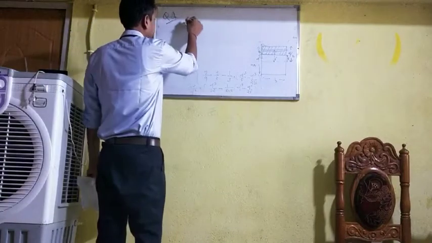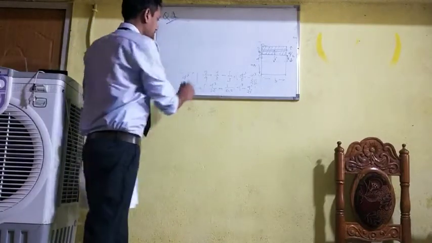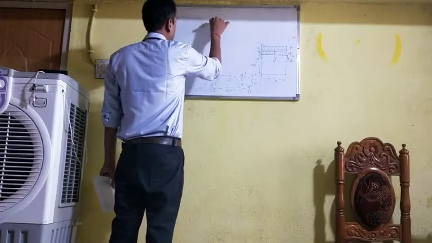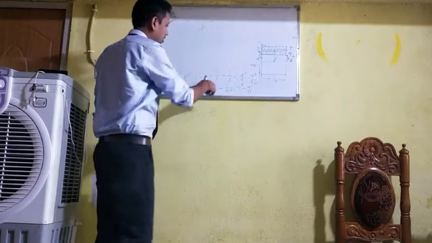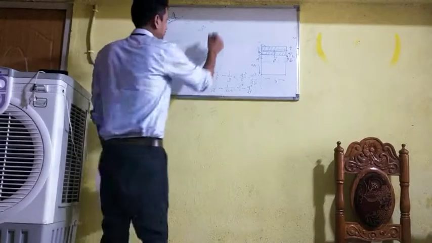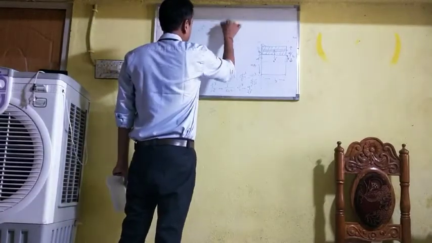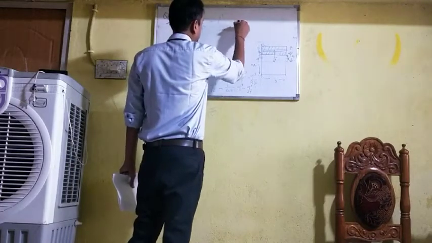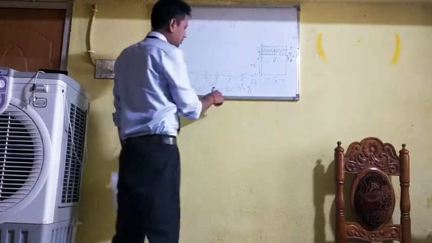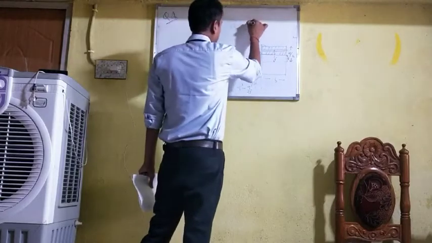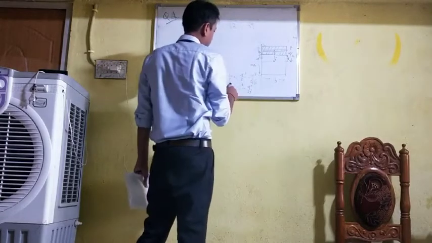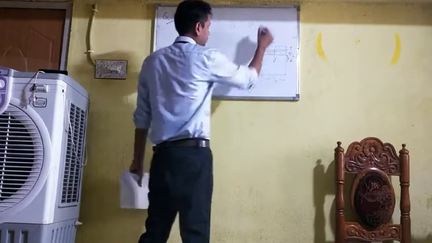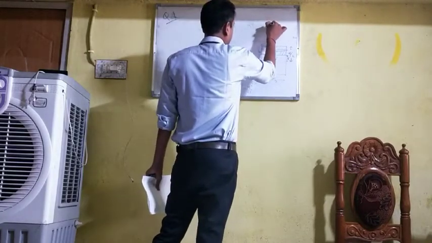Okay, after this is 6V upon d cube into d cube is getting common first. So we have to take d cube as common. So this will be equal to 1 upon 12 minus 1 upon 24 into this will be equal to 1 minus 1 upon 27, that is 26 upon 27.